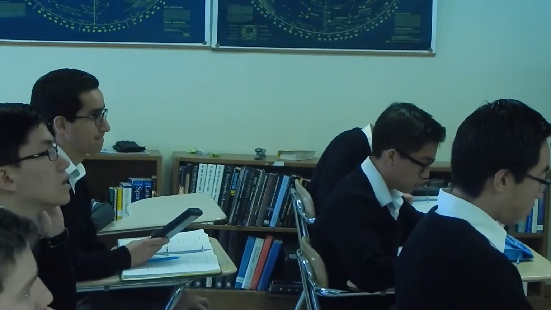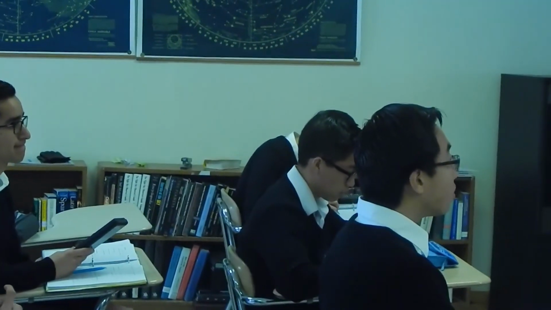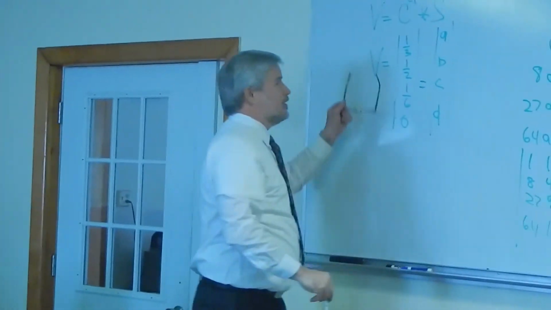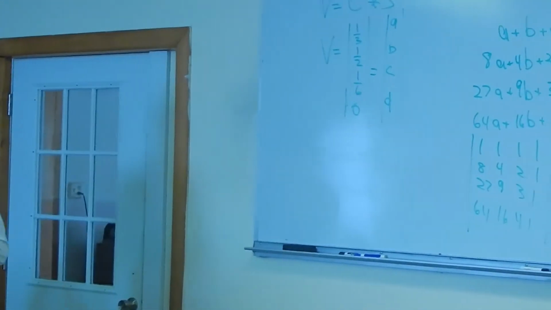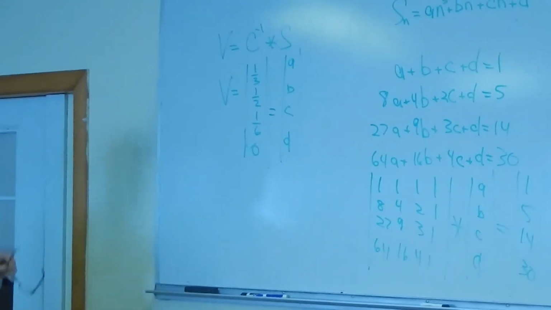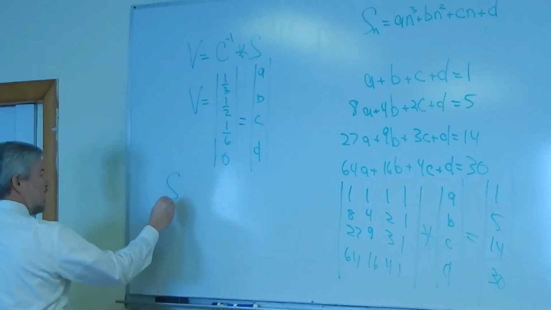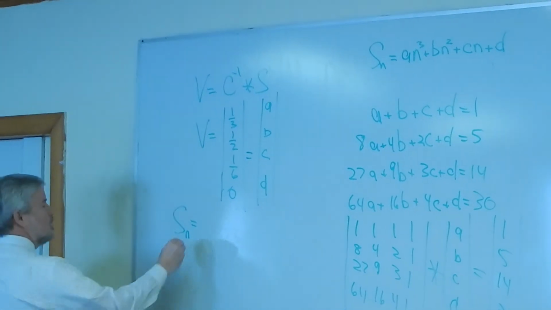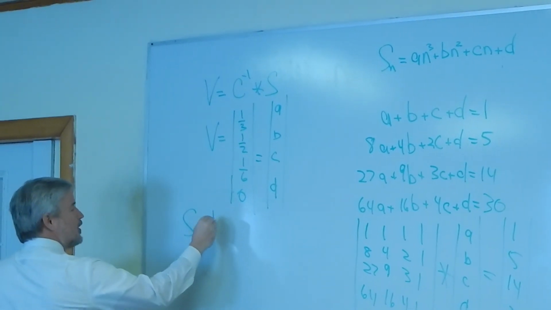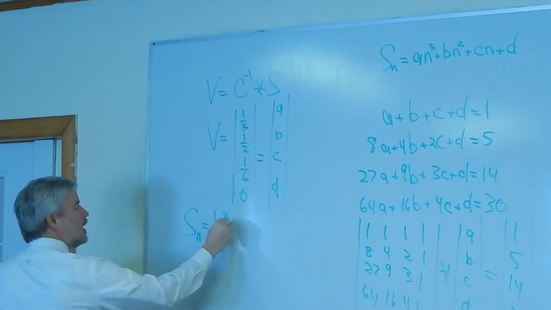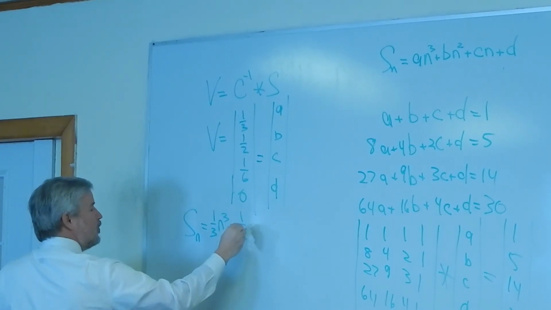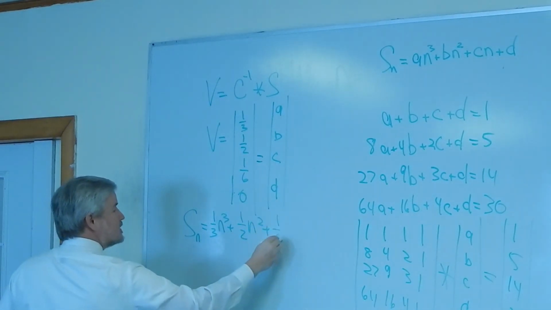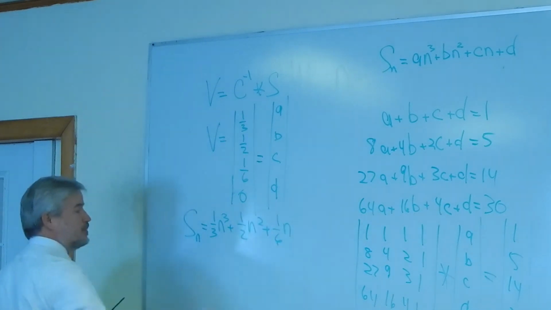And so that gives us the values for A, B, C, and D. So our explicit formula for the sum of consecutive squares becomes 1/3 n cubed plus 1/2 n squared plus 1/6 n, and then plus 0.